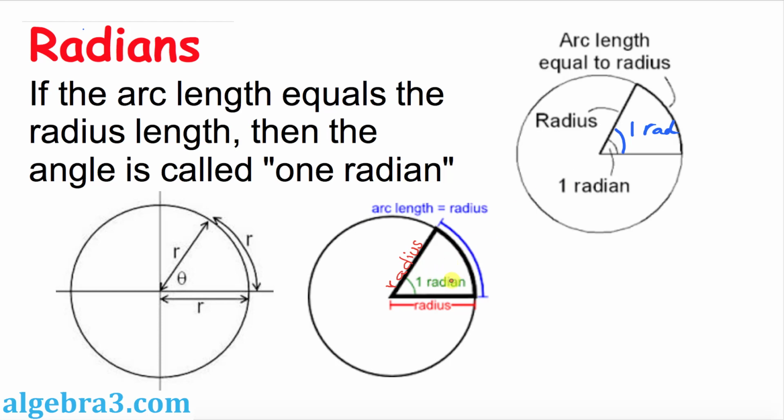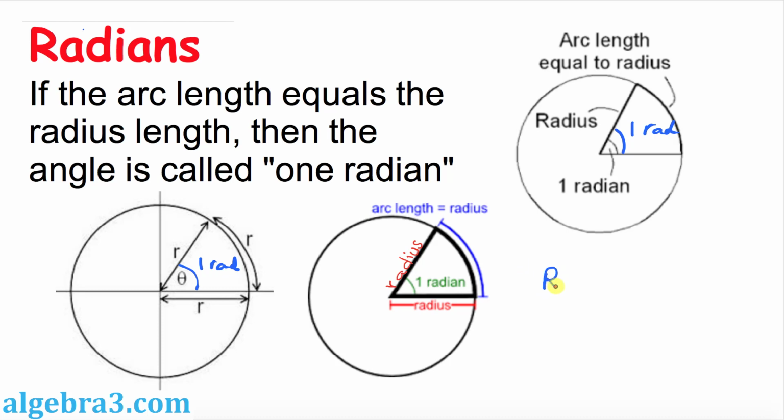As you can see over here, these are radius, and this arc length is the same as what? The radius. So this is simply 1 radian, and here we can call it 1. This theta is going to be what? 1 radian. RAD.